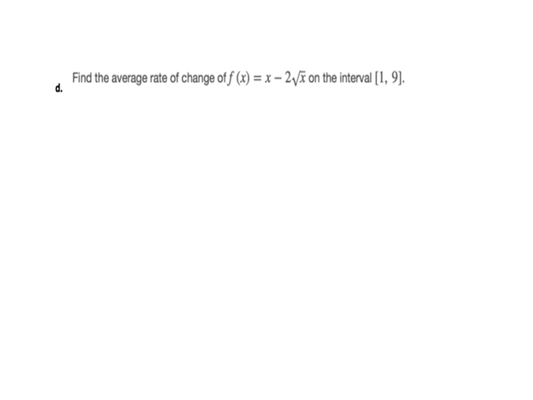Okay, so these are the types of problems we're going to see. No picture, no sets of points, just a function and an interval that you're supposed to calculate this on. So what you have to do is, your first step is to find both coordinates of both points.